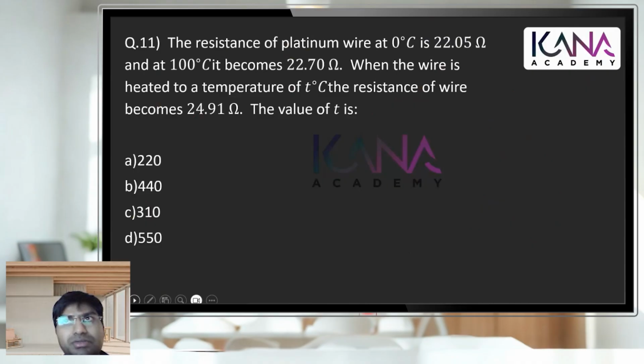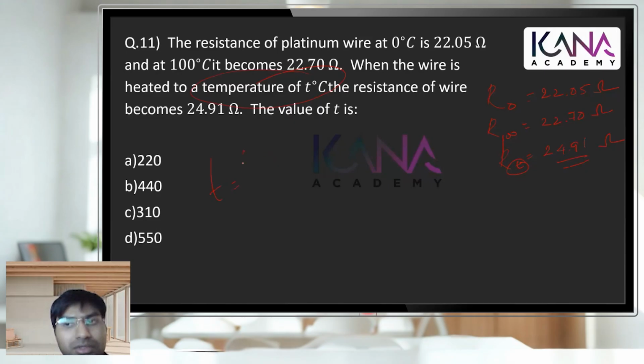It's a resistance based question. So given here, they've given R0 as 22.05 ohm, and R100 is 22.70 ohm at 100 degrees Celsius. Then RT is given as 24.91. Okay. So we need to find at what temperature the resistance becomes this. So it's based on this formula.